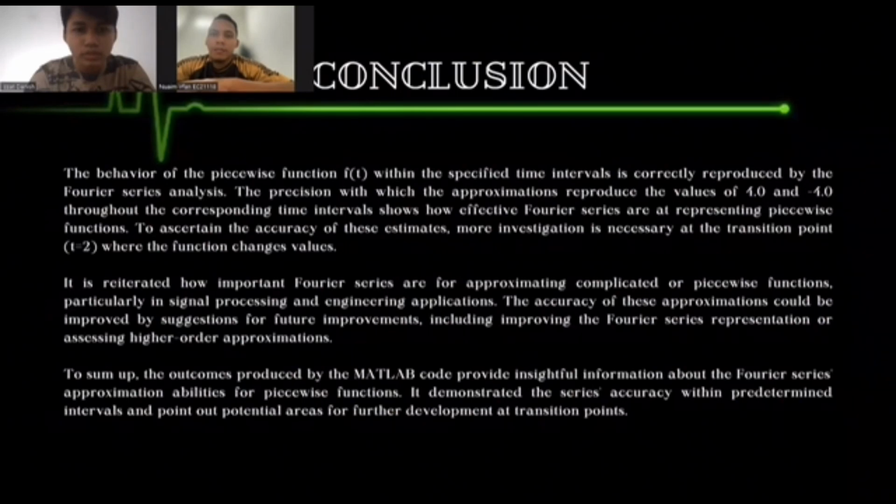The precision with which the approximation reproduces the values of 4 and -4 throughout the corresponding time intervals shows how effective Fourier series are at representing piecewise functions. To ascertain the accuracy of this estimate, more investigation is necessary at the transition point t equal to 2, where the function changes value.